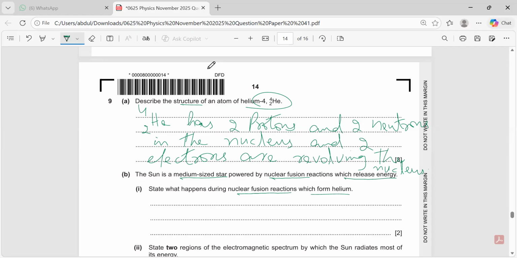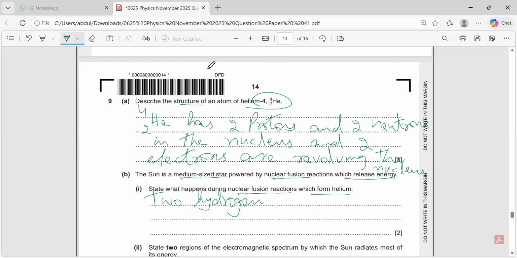You can write the definition of fusion, a very simple definition: 2 hydrogen nuclei joined together to make a heavy nucleus of helium.